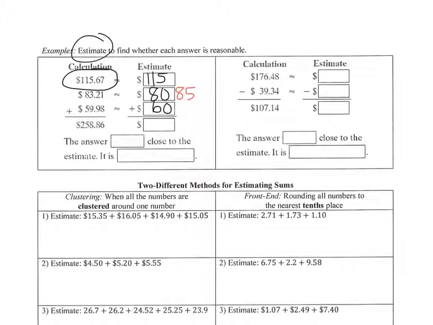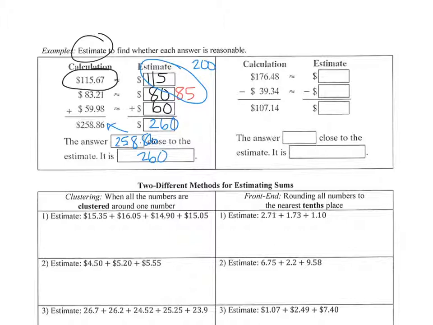So now you have to add these numbers up, which are easier. I kind of like using 115 plus 85 because that is 200. So 200 plus 60 is 260. So the answer, 258.86, which is right here, is close to the estimate. The estimate is 260.